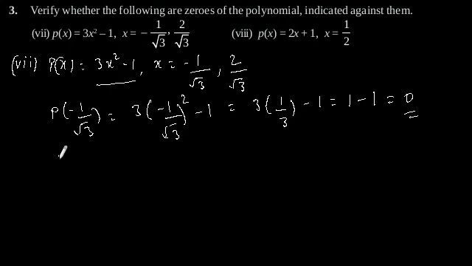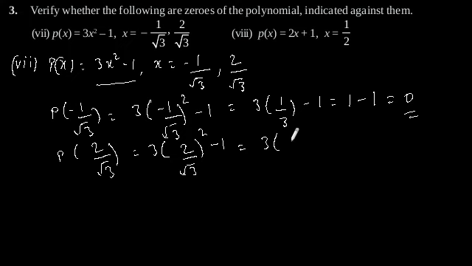Now p(2 upon root 3) is 3 into (2 upon root 3) whole to the power 2 minus 1, this is equal to 3 into 4 by 3 minus 1, 4 minus 1 is equal to 3.